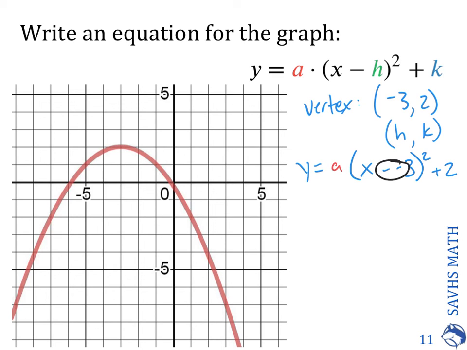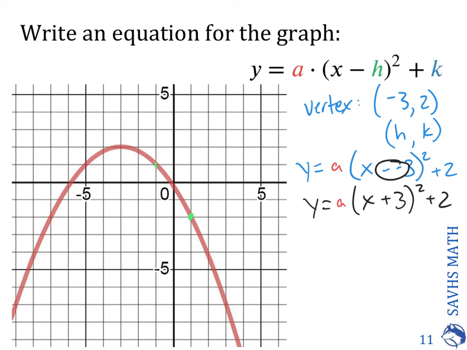This minus a negative, I don't like how that looks. So I'm going to rewrite this as y equals a times (x plus 3) squared plus 2. It just looks prettier.